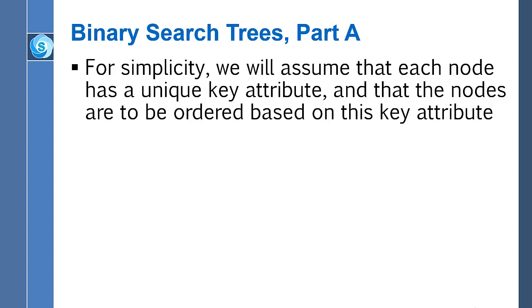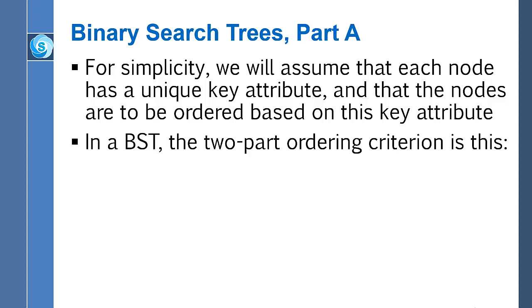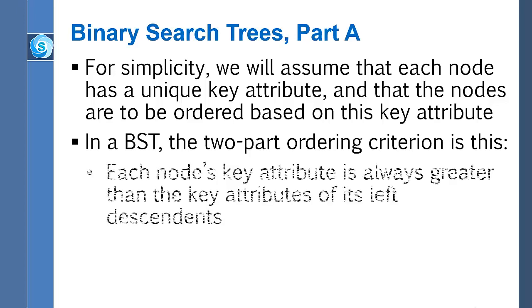Okay. So now the rules are very, very simple now that we understand what left descendant and right descendant are. They really are just these two criteria for ordering the data in a binary search tree to keep it valid. Each node must have a key attribute that is greater than all of the key attributes of all of its left descendants.